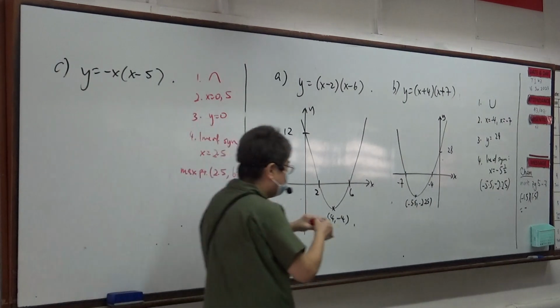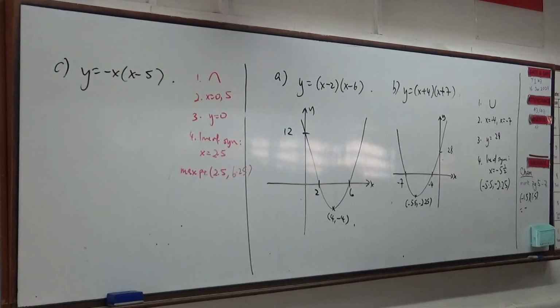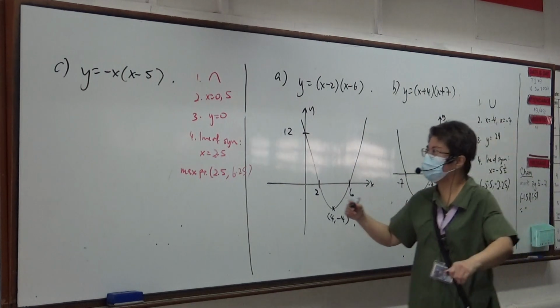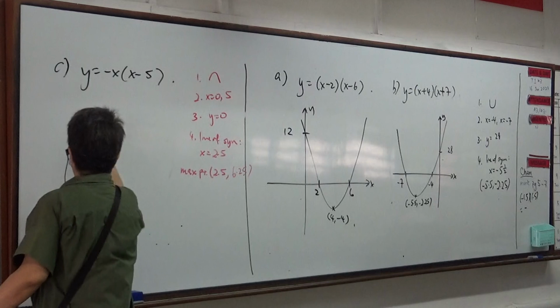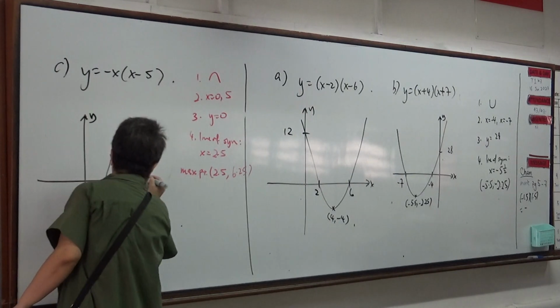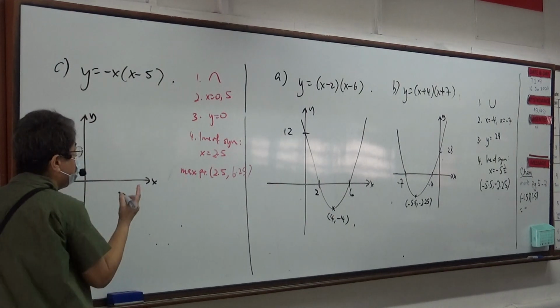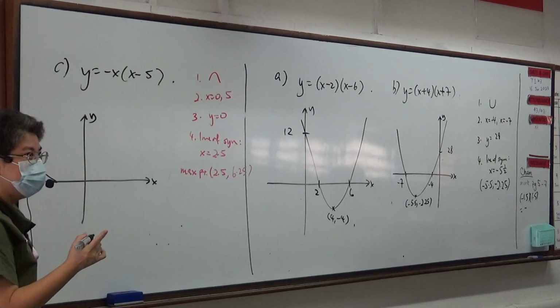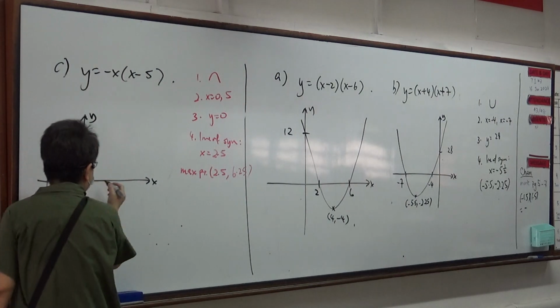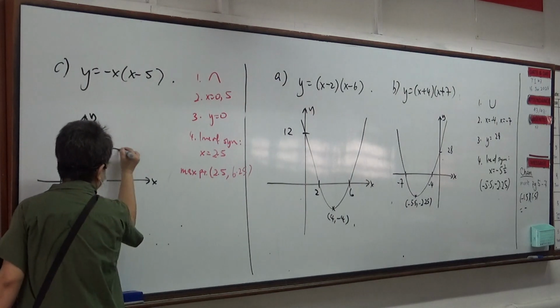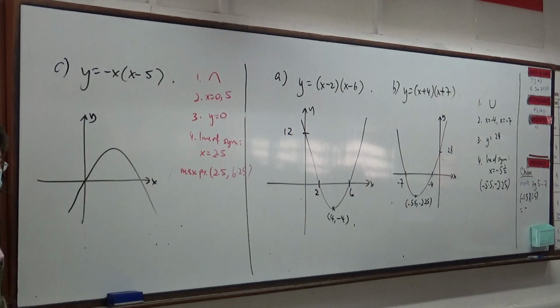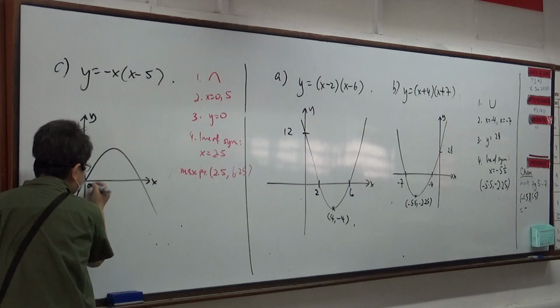Okay, now how do we draw? U shape or N shape? And it cuts at 0 and 0 and 5. Okay. So it must go like that. Right? Can you see this is 0?